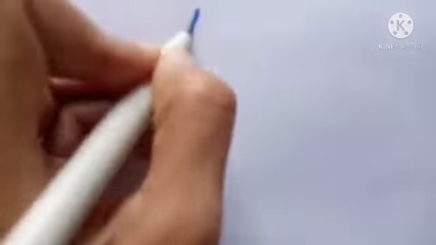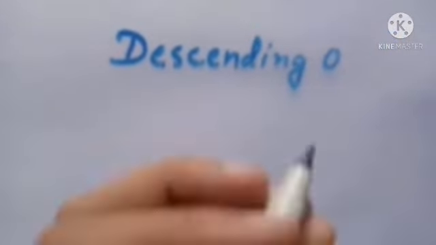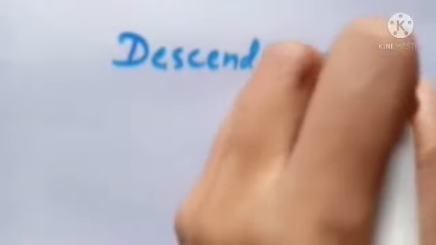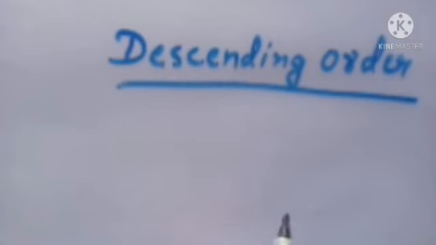Our second topic is what is descending order. Okay students, what is descending order? Descending order means the biggest number will come first and then the series will continue.